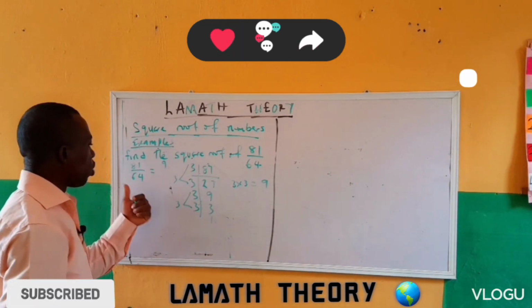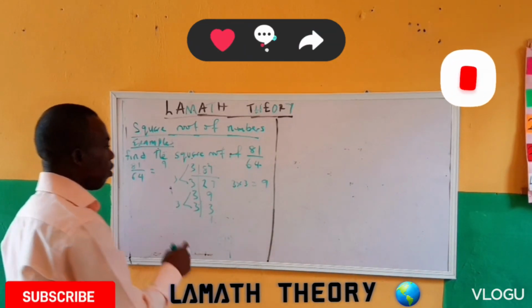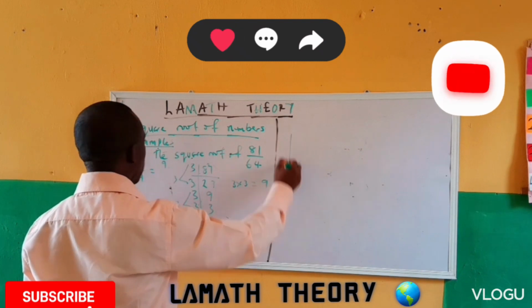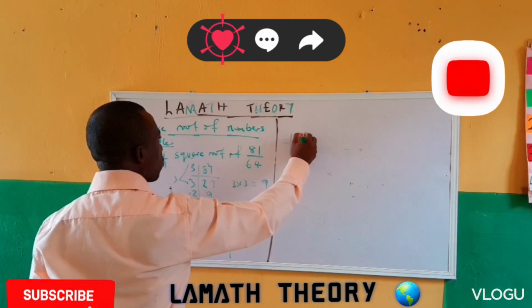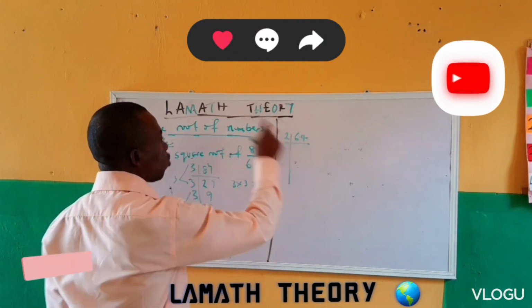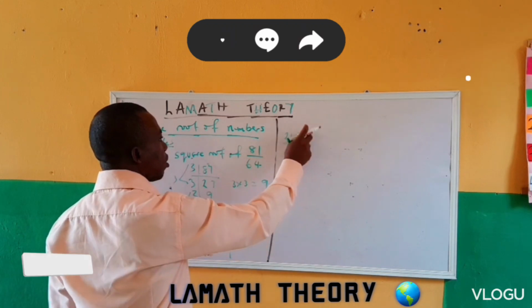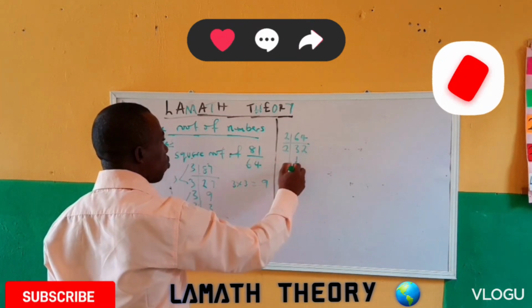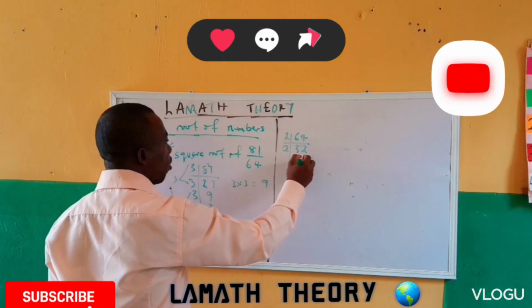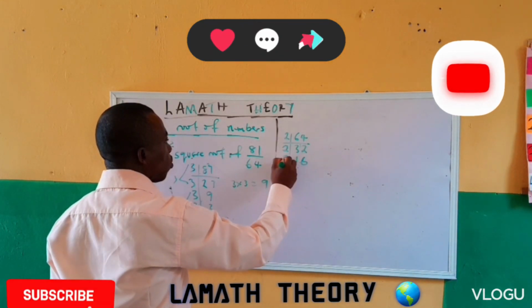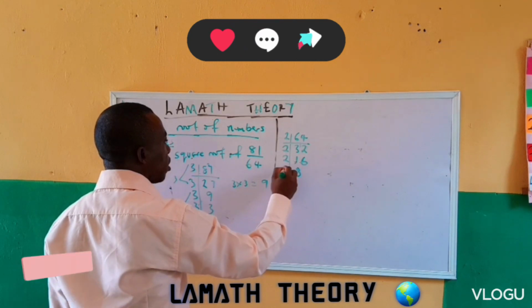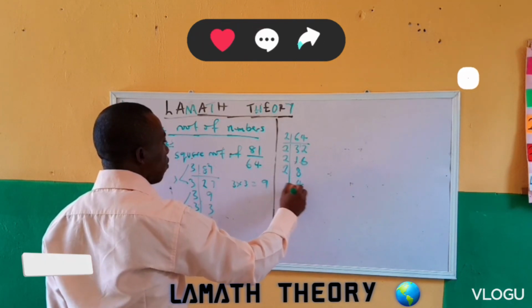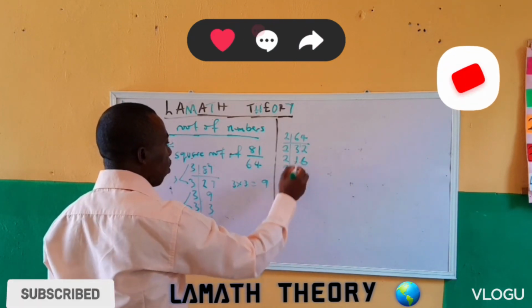We are going to do the one for 64 that way. So we have 64. 2 in 6 is 3, 2 in 4 is 2, 2 in 3 is 1, remainder 1. Then 2 in 12 is 6, 2 in 16 is 8, 2 in 8 is 4, 2 in 4 is 2.